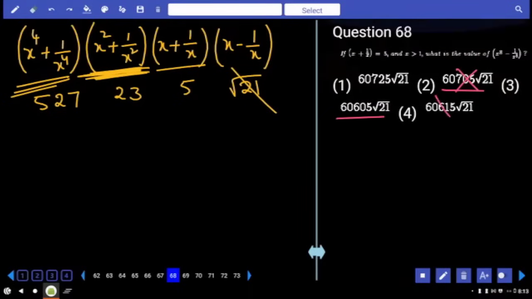No, because that is a 3 multiple. Because we don't have 3 multiples, the answer cannot be a 3 multiple. Your second option and fourth option are 3 multiples, so those two are eliminated. So the answer is either first or third.